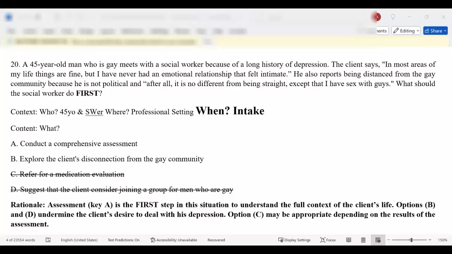When I looked at it again, I said, "Oh my God, the intake will take care of B because once I do the intake, it will give me the answer. I can then start exploring." So I wanted my colleagues to know that yes, I initially said A, but then I changed it to B, and then when I reread it, I'm like, oh my God, A will take care of B. Yeah, that's exactly it.